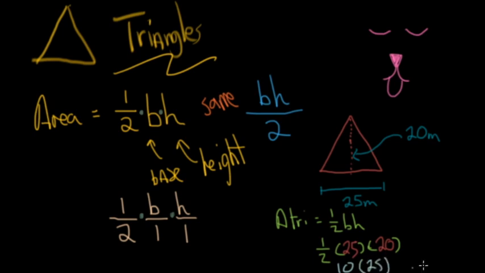So 10 times 25, and I'll get 250. And that is going to be meters squared. So realize that sometimes it's easier to take that half and multiply it by the height before you multiply it by the base. And that's a good little top tip for all you math students out there.